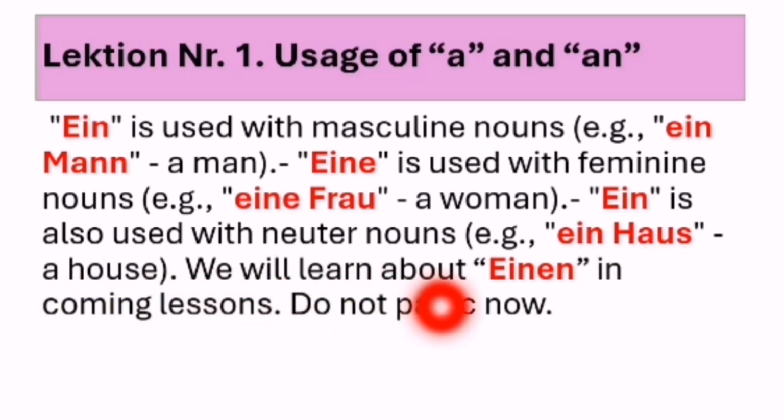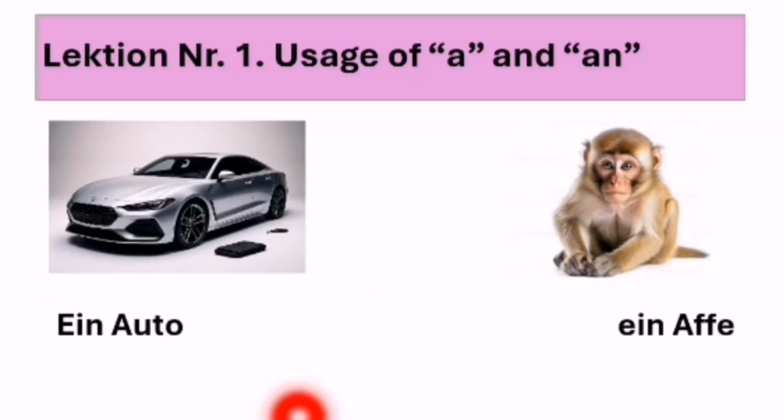We will learn about einen in coming lessons. Do not panic now. So now let's learn these 2 articles, ein and eine. In English, they are a and an, but in German, these are ein and eine.